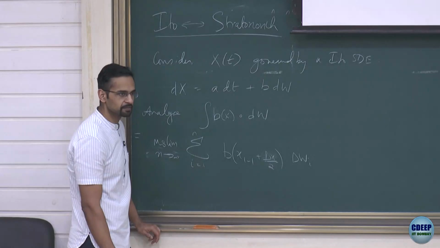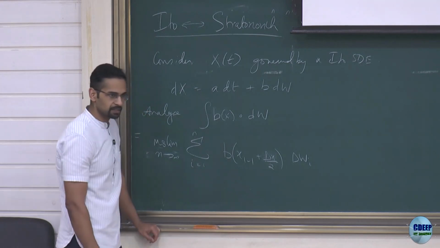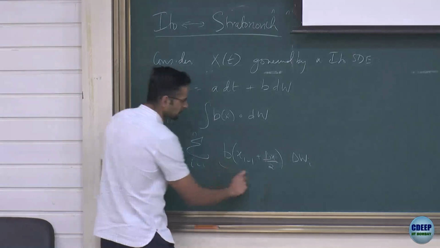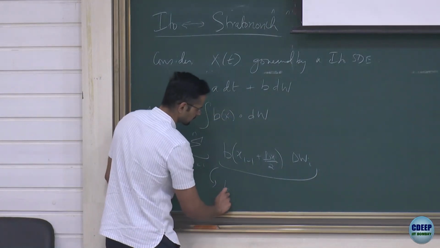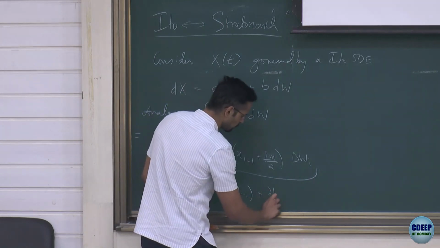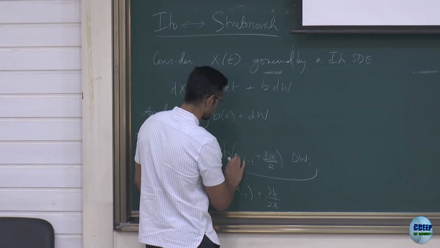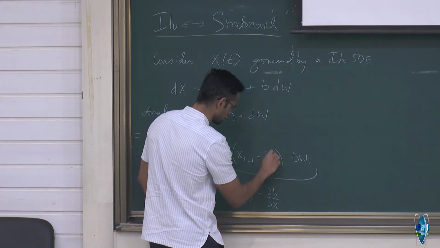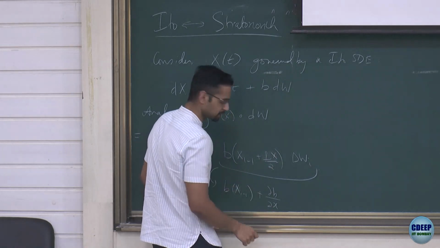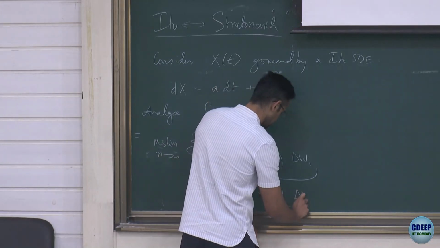Yeah, that's by definition. And now I can Taylor expand the b, it is just some function. So if I look at what's happening in this partial sum, b at x_{i-1}, plus dou b by dou x, now here I can use small x, at i minus 1, times delta x by 2.